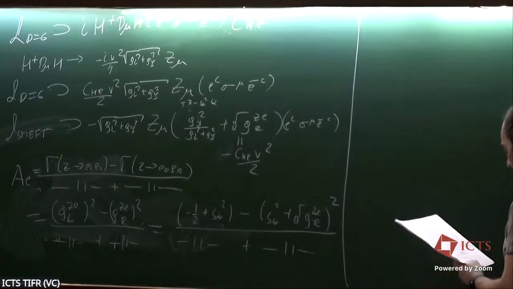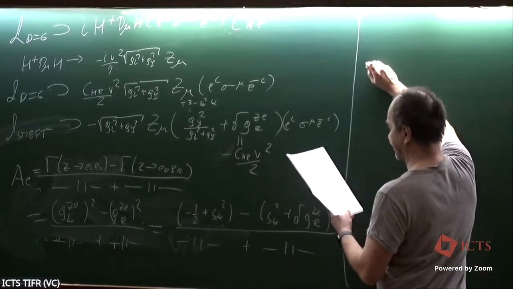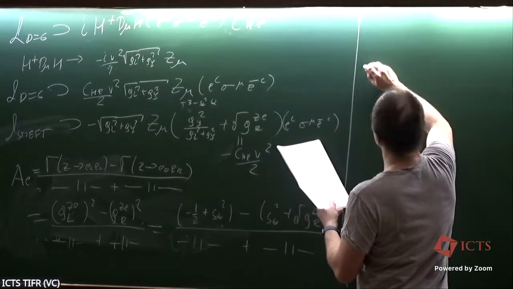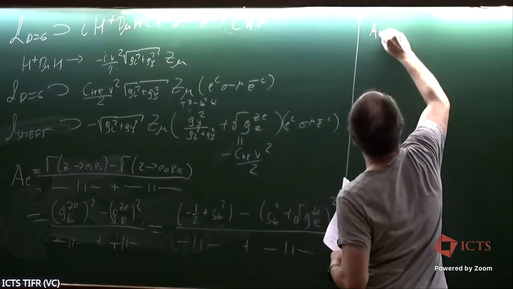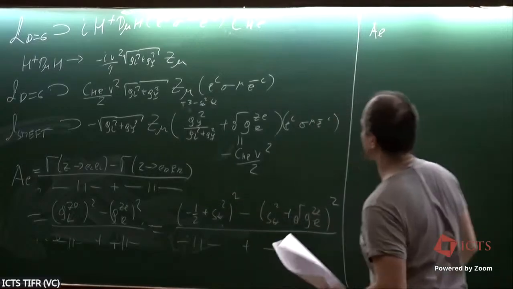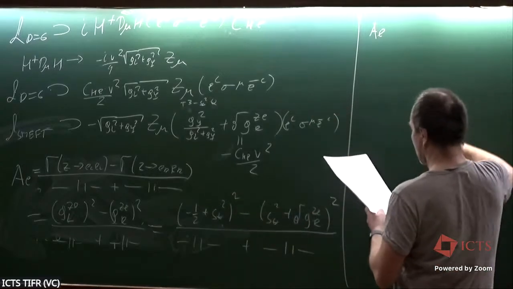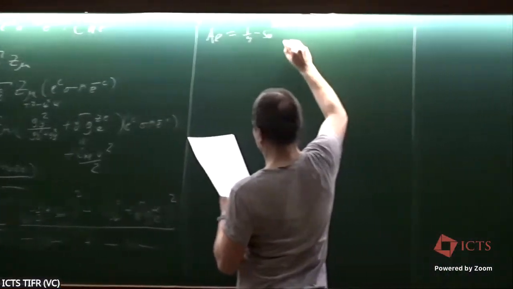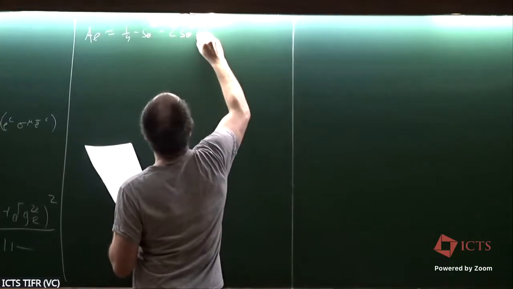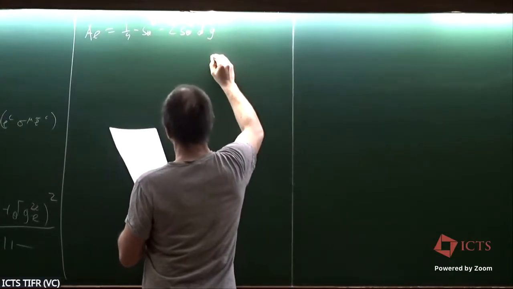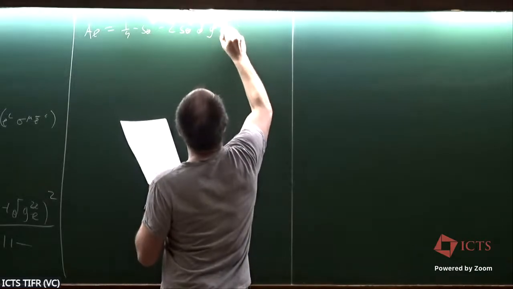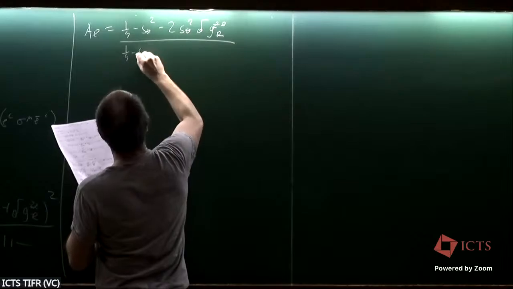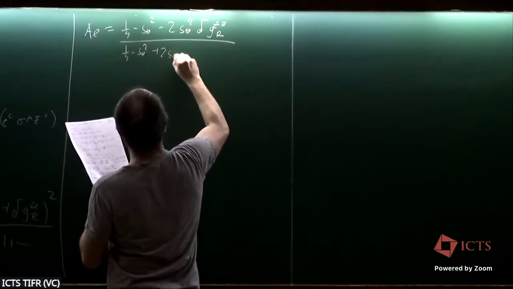You can write it as, sorry, I forgot the squared here, you can write it as 1/4 minus s theta squared minus 2 s theta squared delta g ZER, divided by 1/4 minus s theta squared plus 2 s theta to the 4th, plus 2 s theta squared delta g ZER.